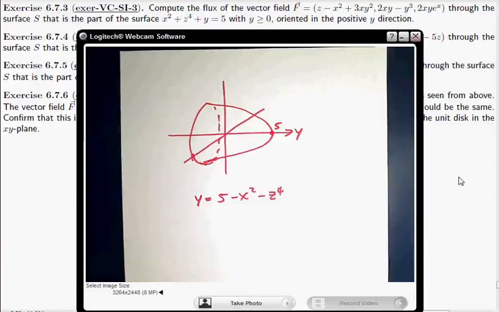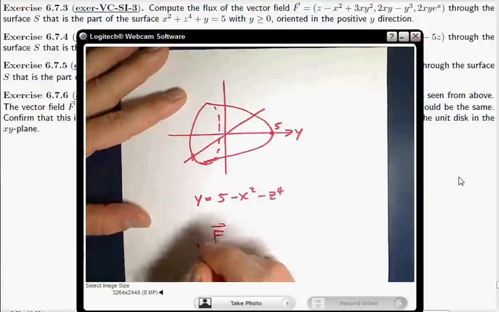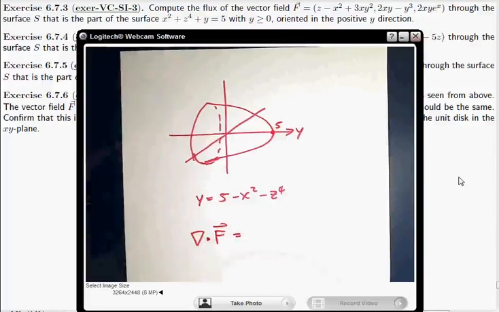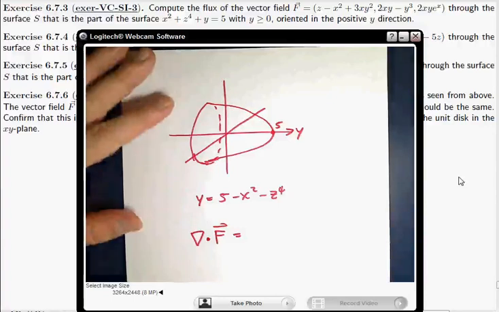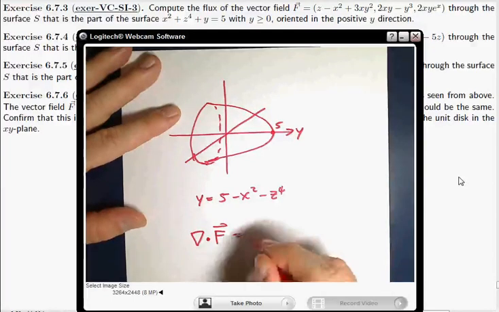So having this picture drawn, you take the vector field and compute the divergence of it, just for good measure. Whenever you're computing flux, go ahead and compute the divergence. Let's see here. I hope this works out. The x partial is negative 2x plus 3y squared.